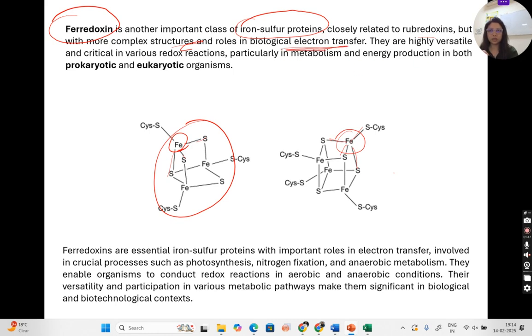They are highly versatile, critical in various redox reactions, particularly in metabolism in prokaryotic and eukaryotic organisms. There are different types of these iron sulfur proteins found in different organisms. Ferredoxins are essential iron sulfur proteins which play an important role in electron transfer, as we already discussed, and they enable organisms to conduct redox reactions in aerobic and anaerobic conditions. Their versatility and participation in various metabolic pathways make them significant in biological and biotechnological contexts. So these are rubredoxins and ferredoxins.